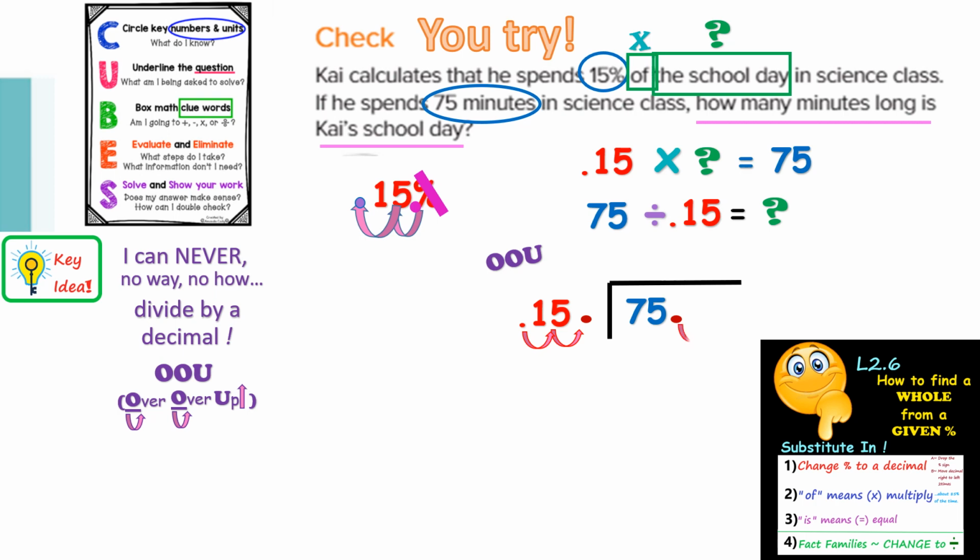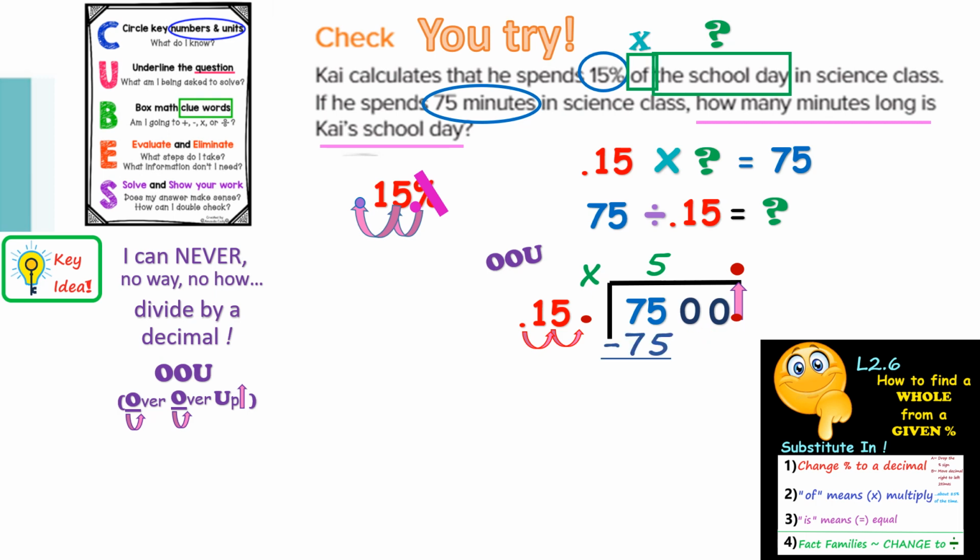If I shift it twice on the inside, that means I have to add 2 zeros. Once I add my 2 zeros, I can bring my decimal straight up, and then I can divide. I know that 75 divided by 15 equals 5 if I use my handy-dandy calculator, and maybe you already know that math, because 5 times 15 is indeed 75.